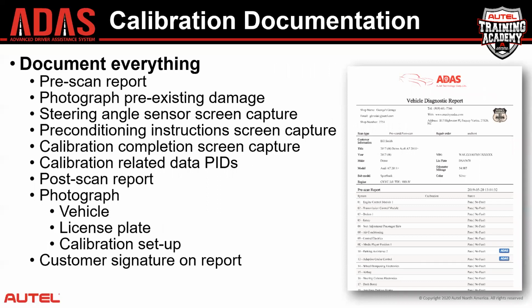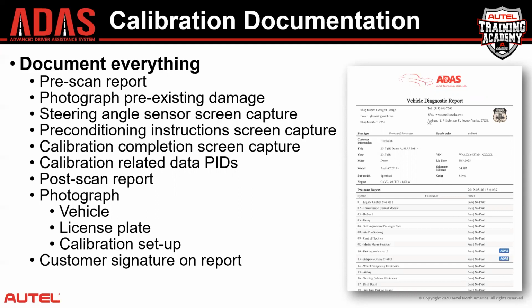Next, documentation. This really isn't something that's optional, although a lot of shops do skip it. Documentation is probably the most important step to protect you and your shop from liability issues and lawsuits. Documentation will prove that you did everything that you were supposed to do when you performed the calibration.